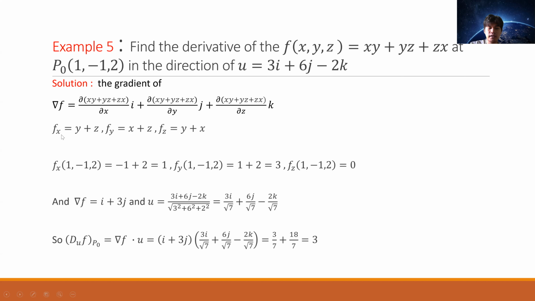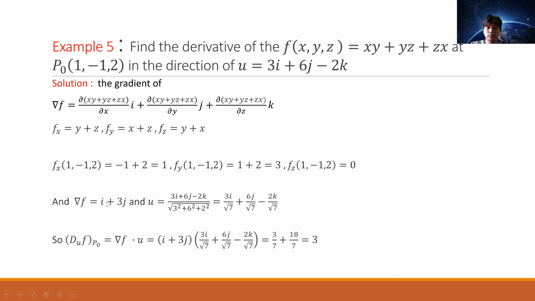Then we get the partial derivative of f with respect to x equal to y plus z, the partial derivative with respect to y equal to x plus z, and the partial derivative with respect to z equal to x plus y. By plugging the point (1, -1, 2) into these, we get 1, then 3, and then 0.